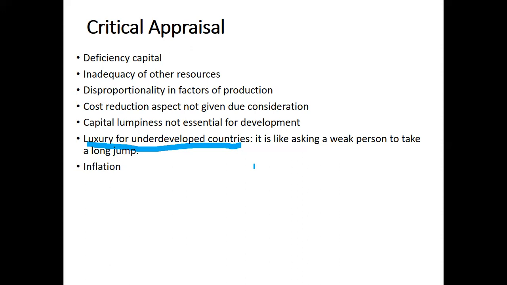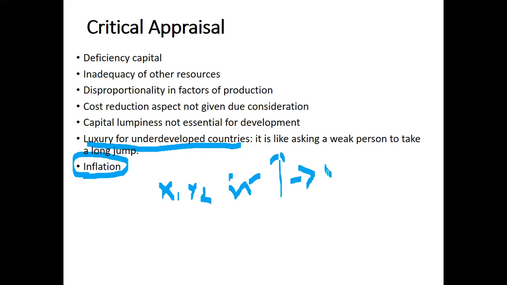Then, of course, the last but not the least point of criticism is inflation, because we invest in all sectors alike. We invest in X sector, Y sector, research sector, and we invest in N sectors alike. When you invest in all sectors alike, more money will be pumped into the economy.